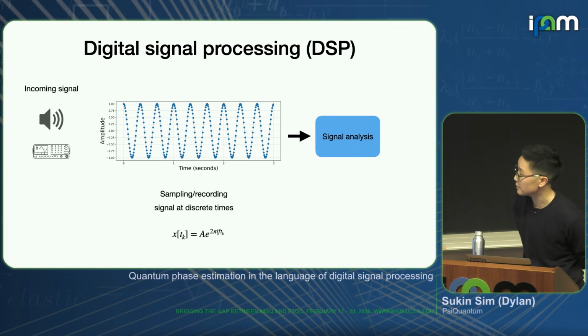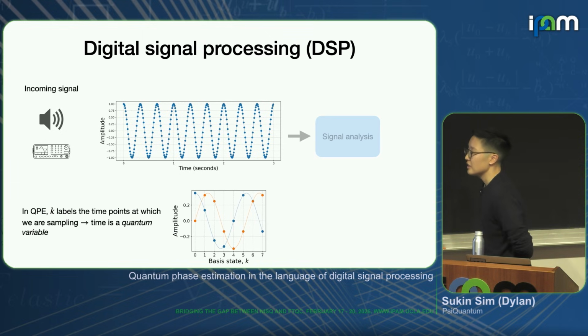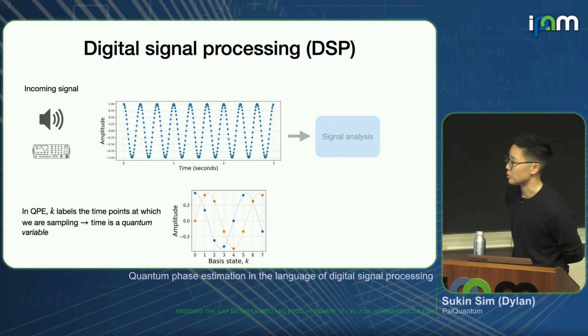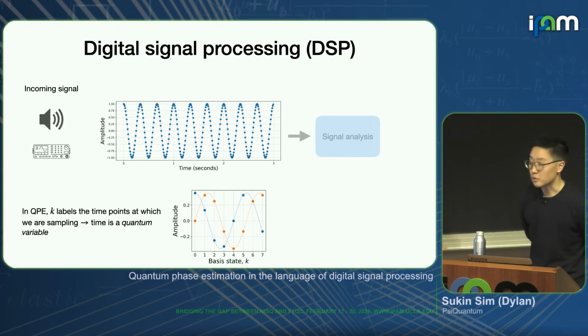We see this in digital signal processing, and I would say that in phase estimation, the phase register is really labeling the discrete time points at which we're sampling, or rather recording, the quantum signal. In that sense, time is a quantum variable in our context.